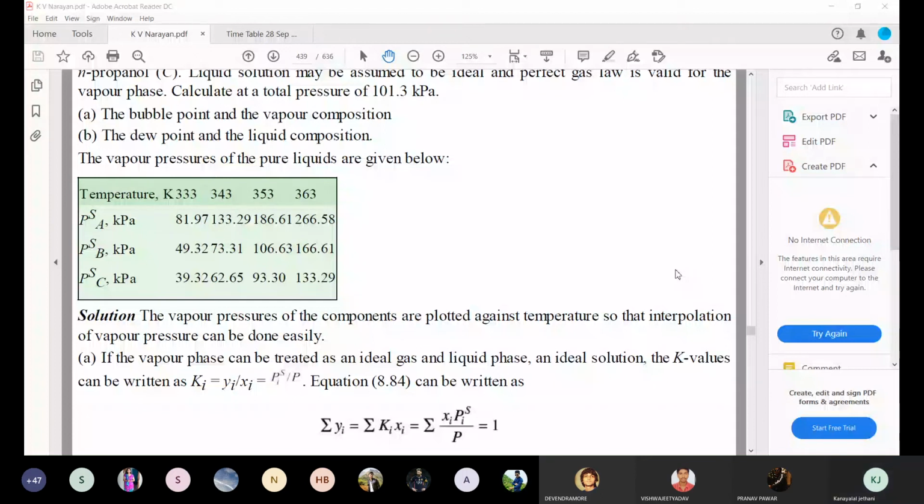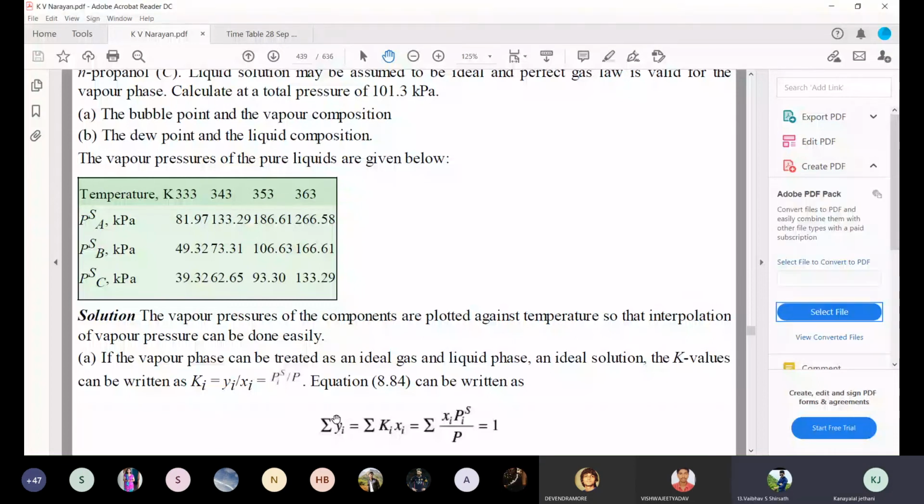Right? And at 353? What is the value at 353? 1.368.